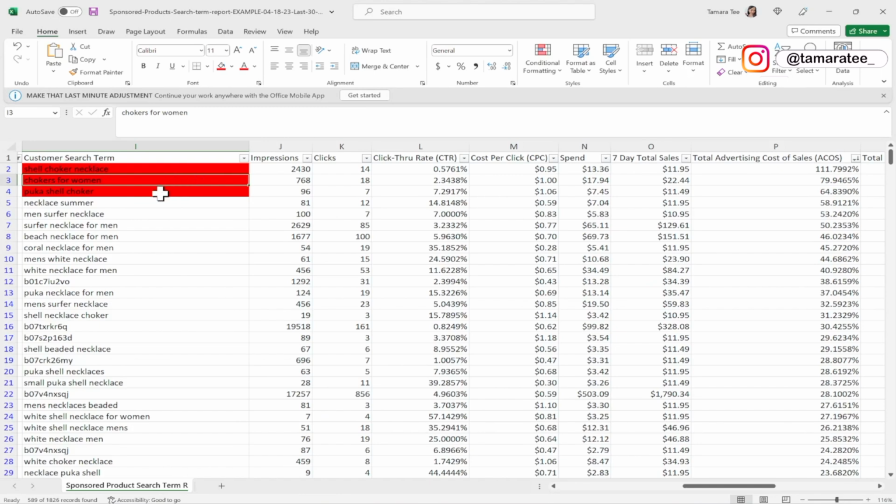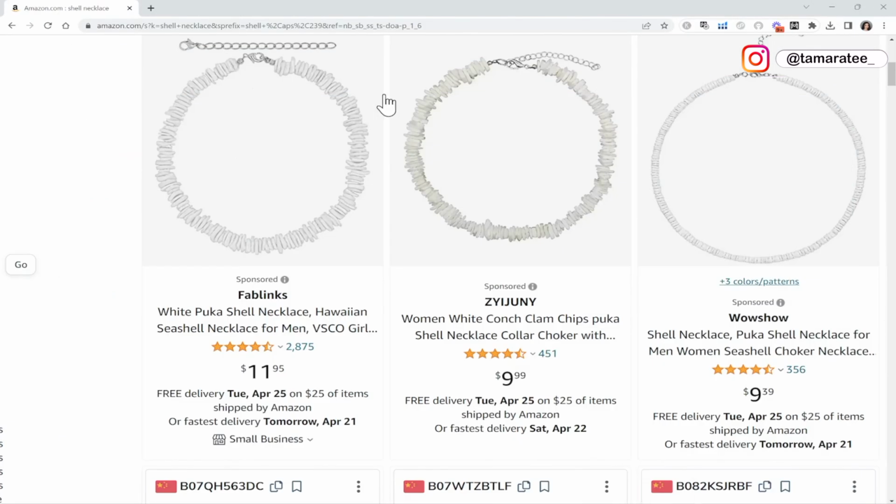Now, the reason why I do not put it into the phrase is because if I put a keyword like shell choker necklace into the negative phrase, that means if a customer types in phrases that contain shell choker necklace, like for example, if they type in shell choker necklace white, that is a phrase, all of the phrases that contain that main keyword will not be shown in our search bar.